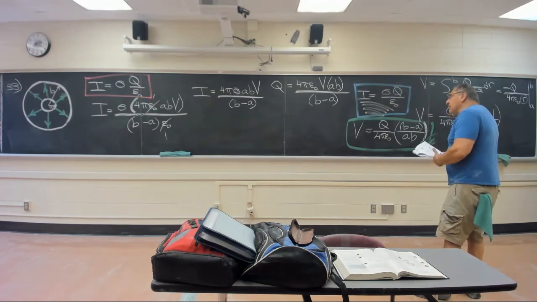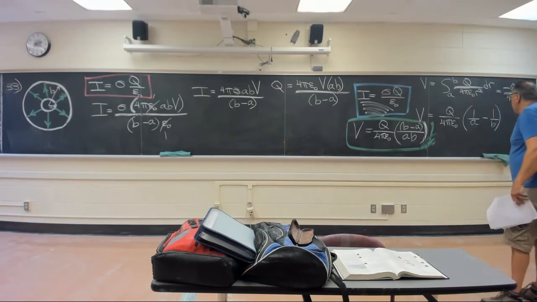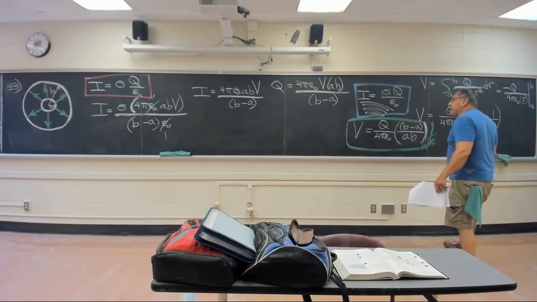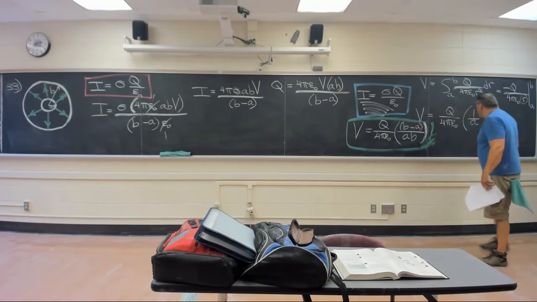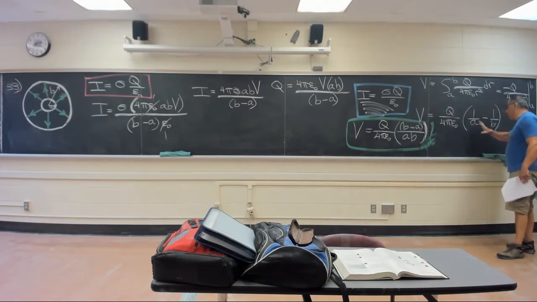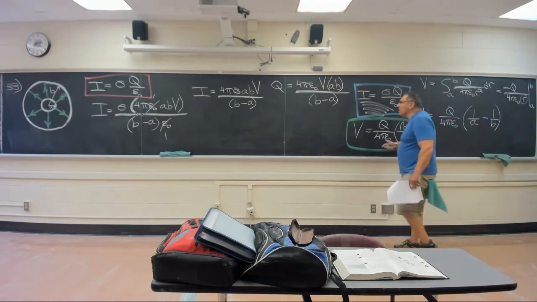It's a pretty fascinating discussion in its own right. AB divided into BA is the same as the quantity 1 over A, the small one, a bigger answer, 1 over A minus 1 over B. This is the reciprocal.